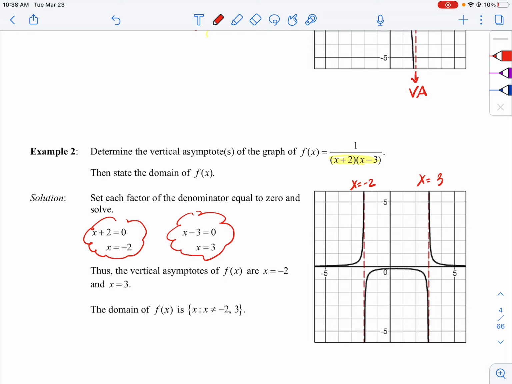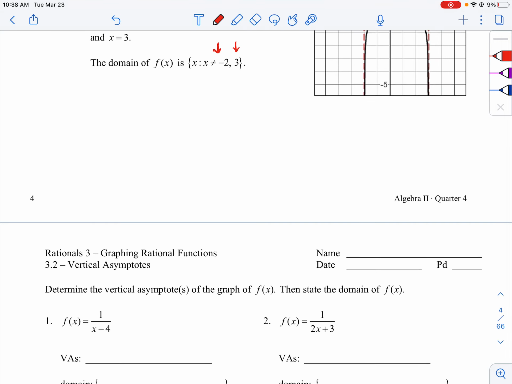But there are two x values that I am not allowed to use. Because when I use these values, the whole bottom becomes a 0 and the whole problem becomes undefined. So my domain, x cannot be a negative 2 and x cannot be a positive 3.